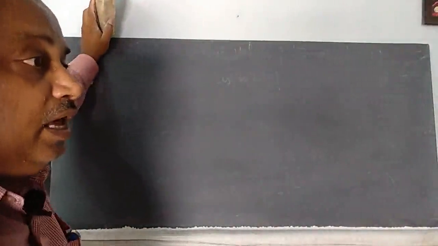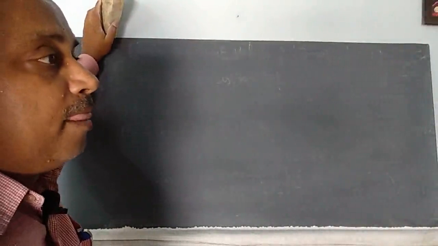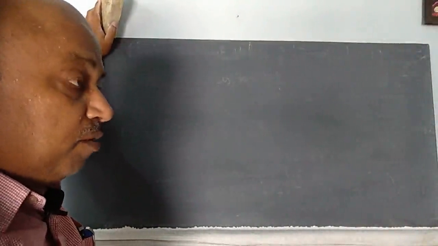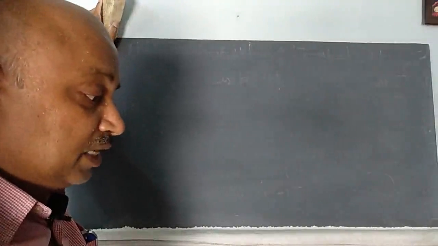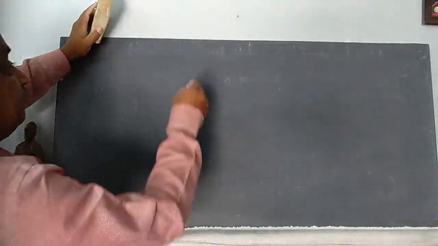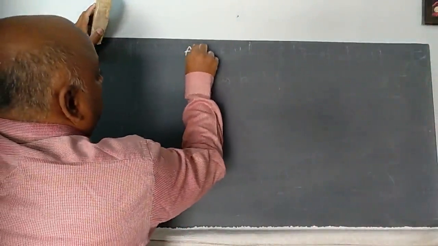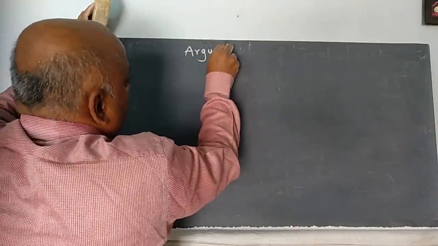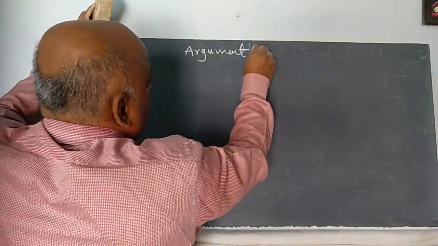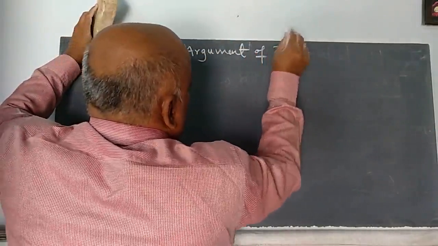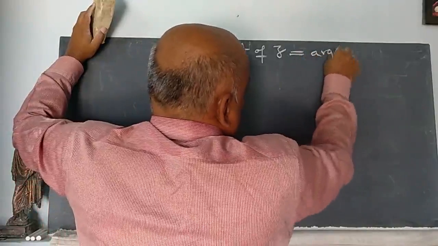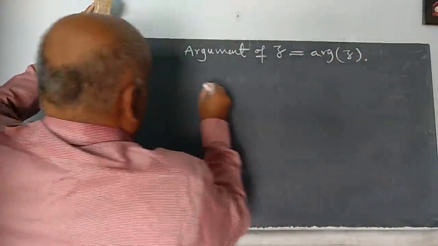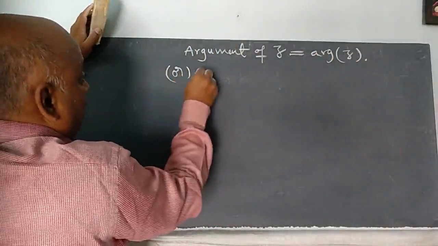Next concept is the argument of the complex number, or amplitude of the complex number. Argument of z, or amplitude of z.